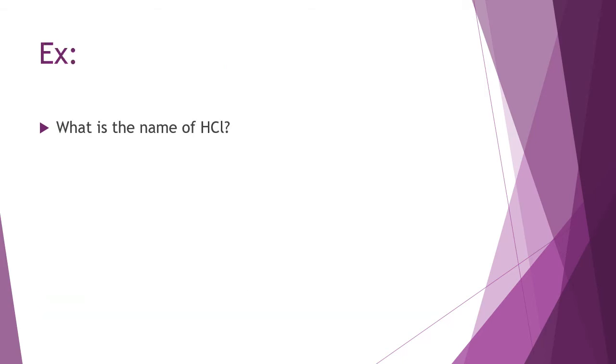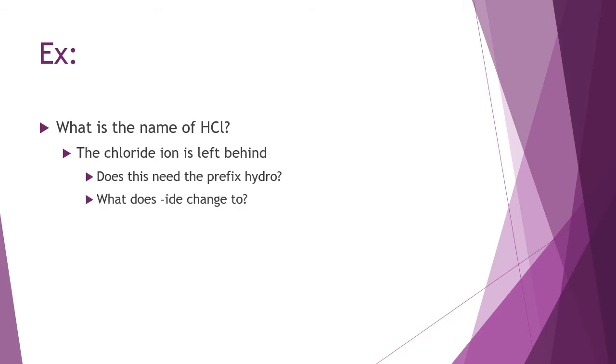So let us do an example. What is the name of HCl? First, we should consider what anion is going to be left behind if the single hydrogen that is present in this formula is removed. The chloride ion will be left behind, and so chloride will be featured predominantly in the name of this acid.